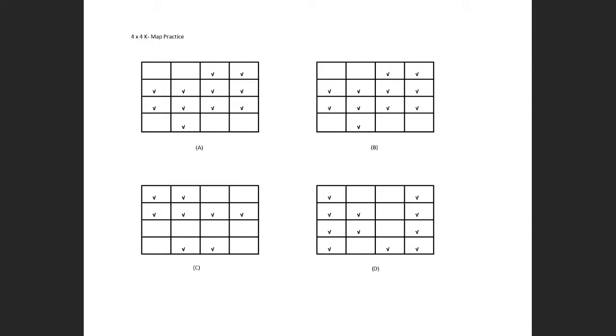If you remember wraparound from our discussion, here you can actually wrap it 2 ways. I can wrap this side with this side, and I can wrap the top with the bottom. So I can fold this KMAP 2 ways. So with that in mind, go ahead and see what you can do with the first problem, letter A, and we'll do it in just a second together. So I'll give you a few minutes to get started on it.